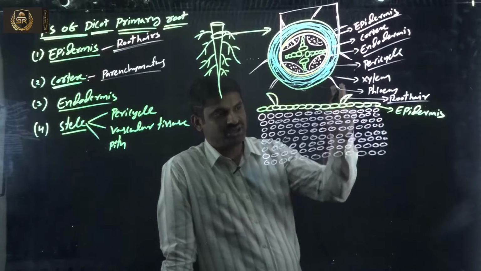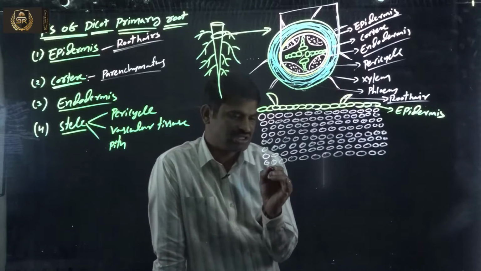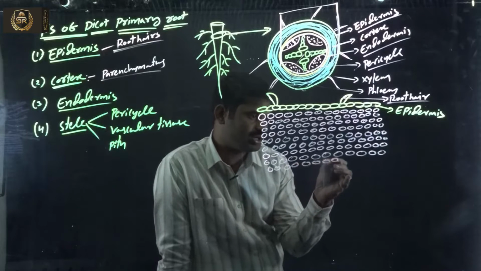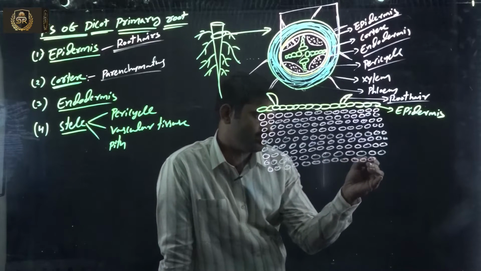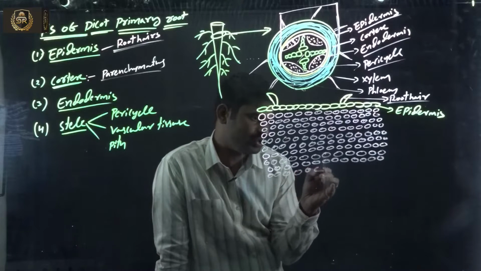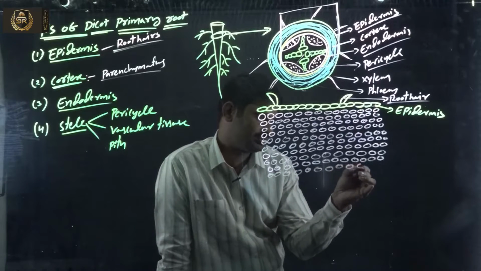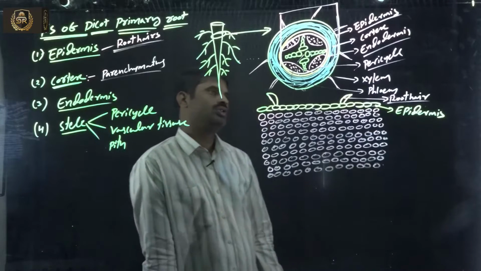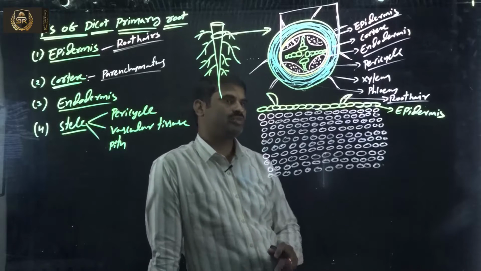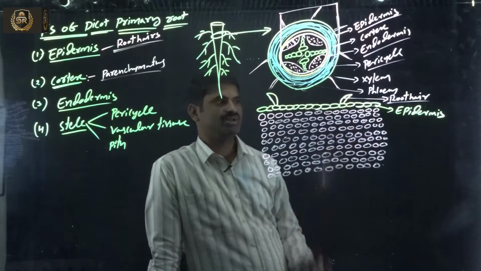Root hairs absorb water molecules, which are transported to the endodermis. The root's outermost protective layer is called epidermis.